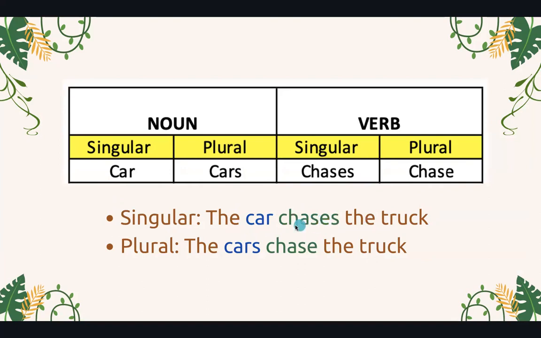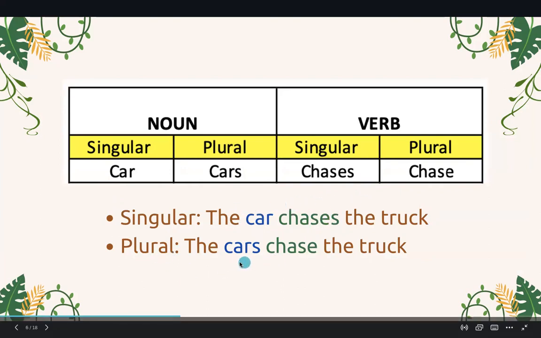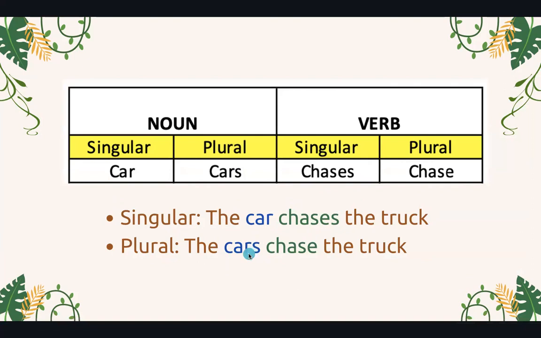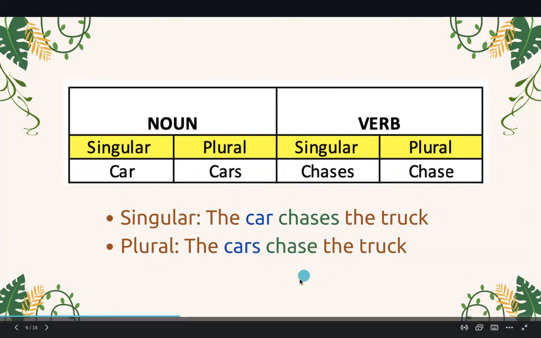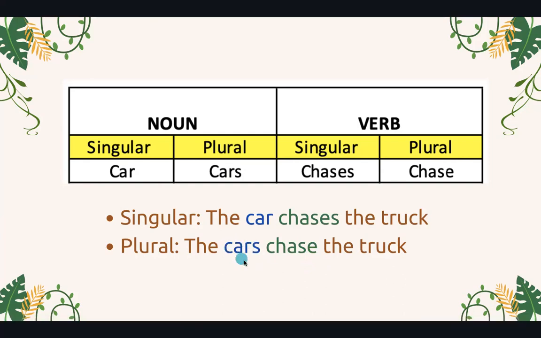Always remember that a singular subject takes a singular verb, and your singular verb always ends with S. Next, we have the plural subject, which is cars, and then you have a plural verb, chase. So a plural subject takes a plural verb, and a plural verb does not end with S.